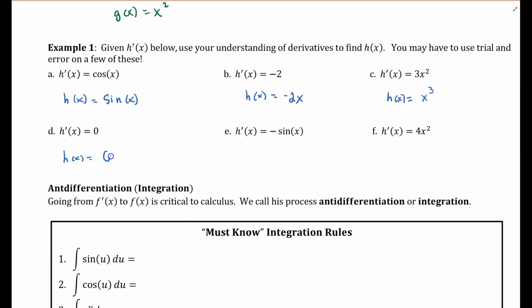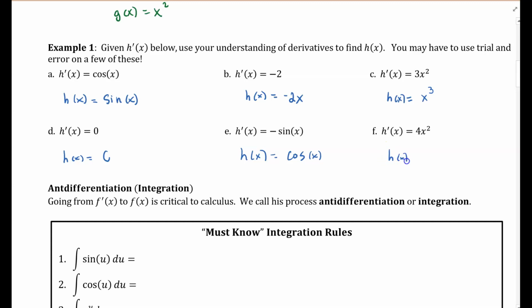Okay, E, h prime of x equals negative sine x. Man, these are getting a little bit more tricky, but I know that sine and cosine are related, so the derivative of cosine of x, doesn't that give me negative sine x? Yes, it does. Okay, and then F, h prime of x is equal to 4x squared.